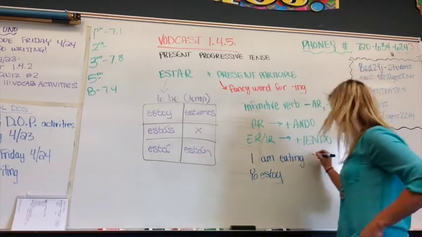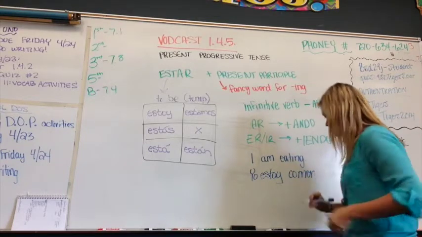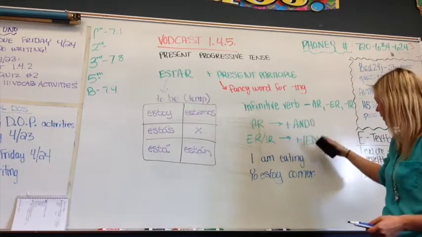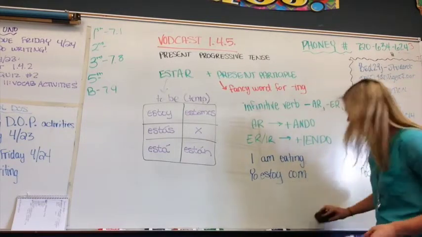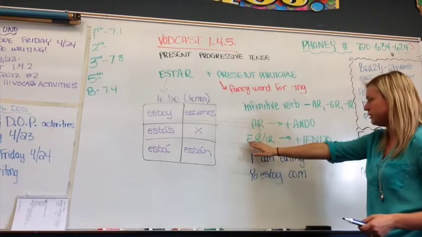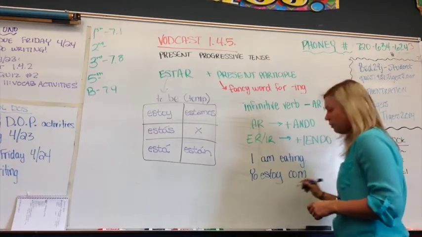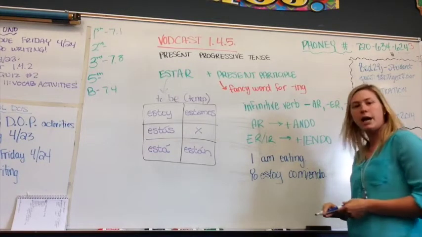Now, to eat is comer. So what did I say we do to form the participle? Take the infinitive, drop the AR, ER, IR. So here's our infinitive, drop the ER, and then because it's an ER verb, you're going to add yendo. Yo estoy comiendo. I am eating.